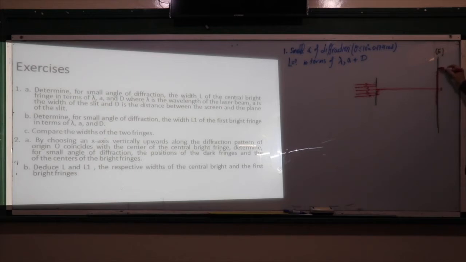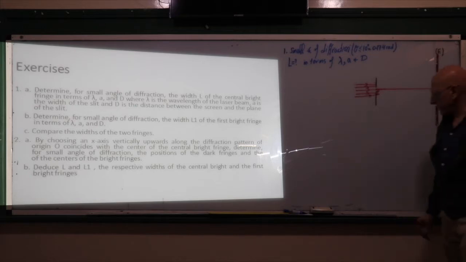You have here the first dark, which is half the width of the central bright. And here, this is the second bright. Okay? Similarly, you have here the first bright, and this is the second bright.